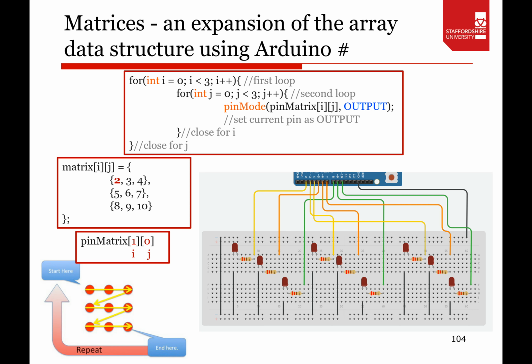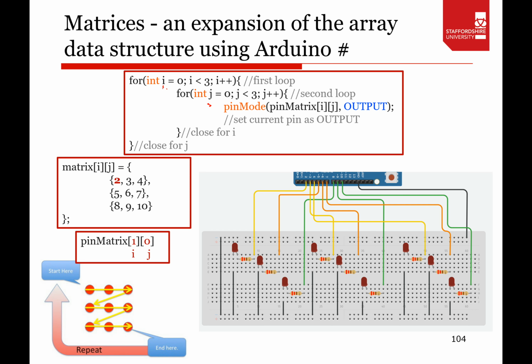So as previously mentioned, we access each of the LEDs by 2 variables, I and J. So we go for integer I equals 0, so start off at 0 and continue while I is less than 3, and add 1 to I each time.